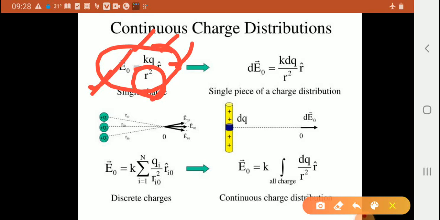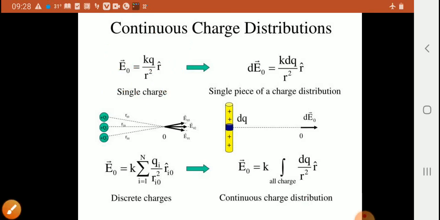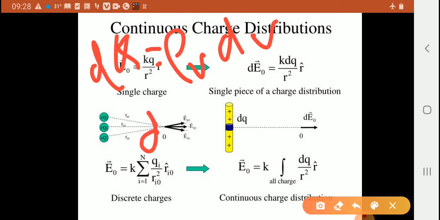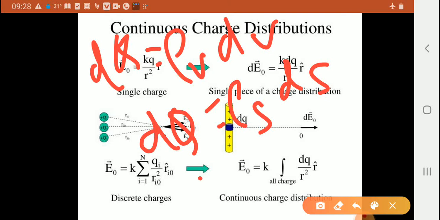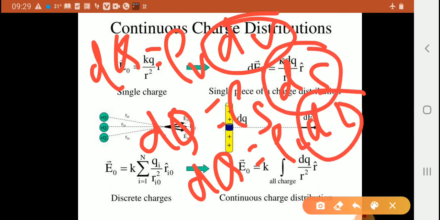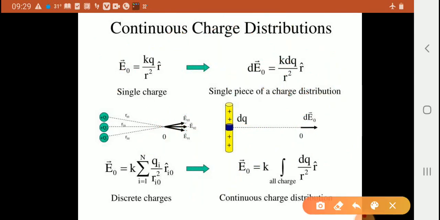The line charge distributions, surface charge distributions and volume charge distributions: for volume charge distributions dq equal to rho v dv, for surface charge distributions dq equal to rho s ds, and for line charge distributions dq equal to rho l dl. Here dv is the differential volume, ds differential surface, dl differential line with respect to axis.